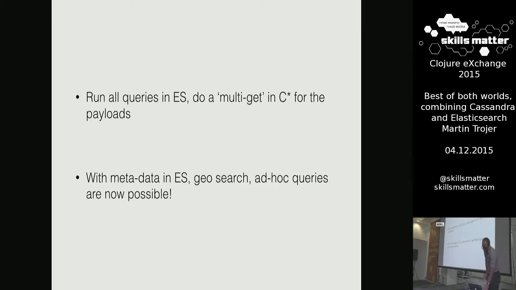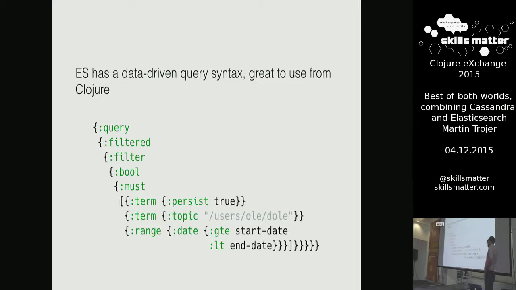And another really nice benefit of this is that Elasticsearch has a data-driven query syntax. So it's all a JSON document. It's not some kind of SQL or string-splashing or anything. And this is really great from Clojure because when you're building up this query, this is how a time series filter would look, right? So here's some search criteria.